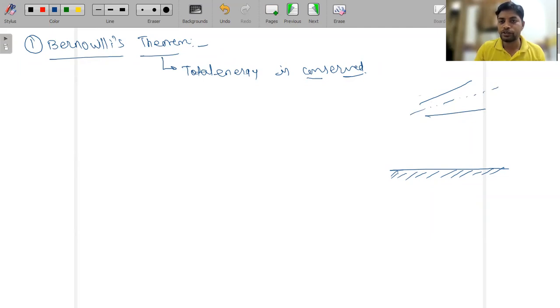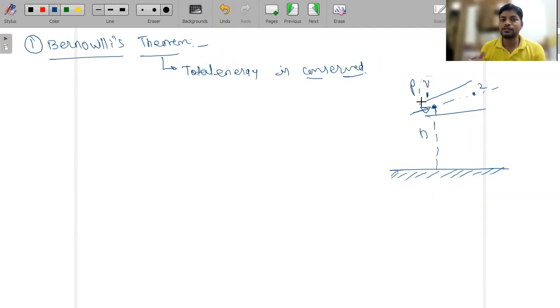Here I am considering two points, point 1 and point 2. Let's consider point 1 only. This is the height, h. Whatever the pressure is, that is pressure P, and the fluid flowing in this direction at this point has a velocity V.